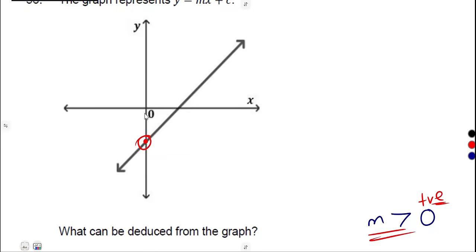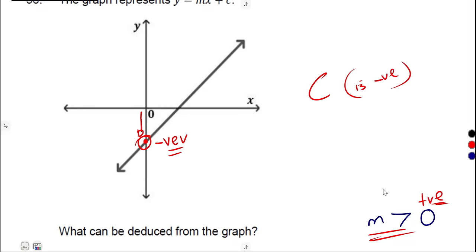Below the origin going down, these are negative values. Our c can be -1, -2, -3, as long as it's a negative value. So c is negative.